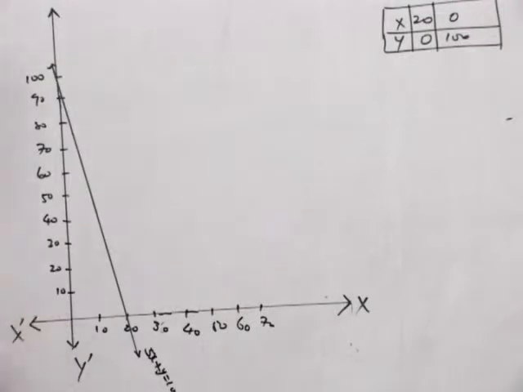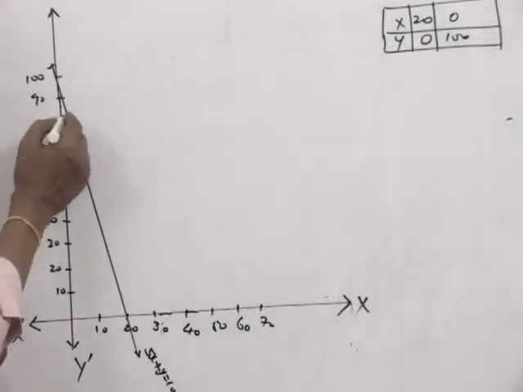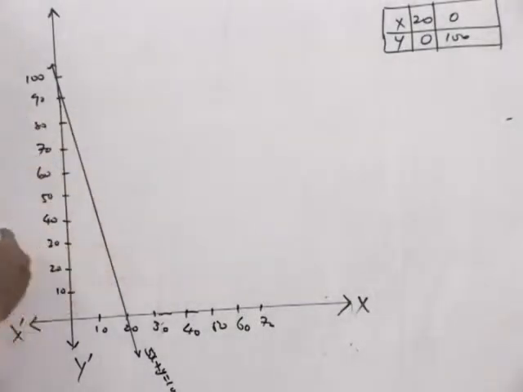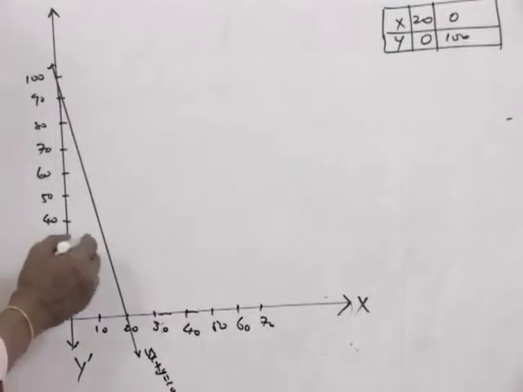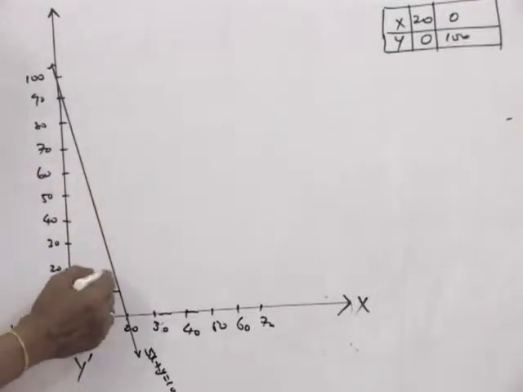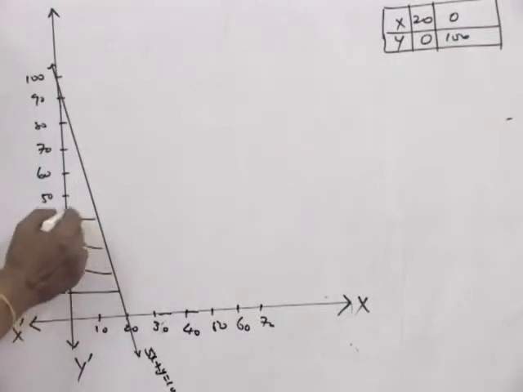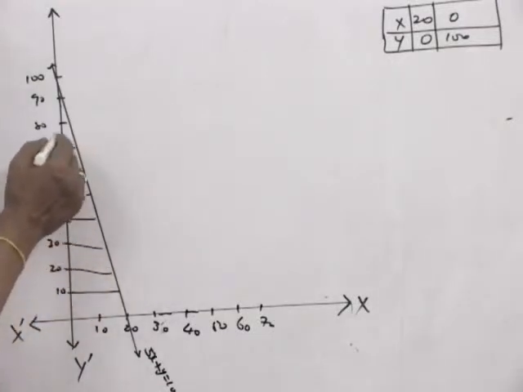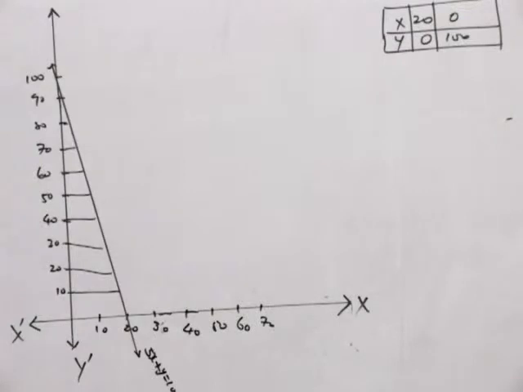The region where 0, 0 belongs is to be shaded. Let me shade only this part in the first quadrant. This is the area where all points will satisfy 5x plus y less than or equal to 100.